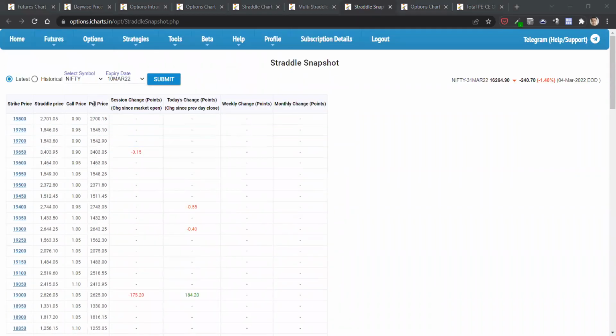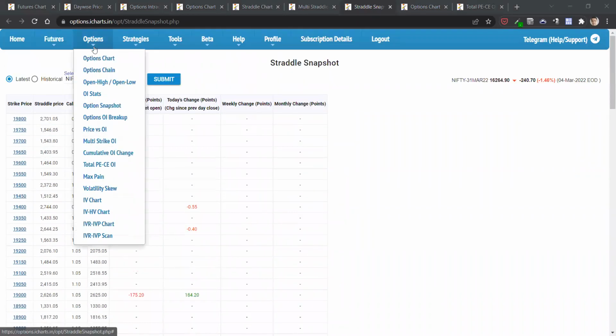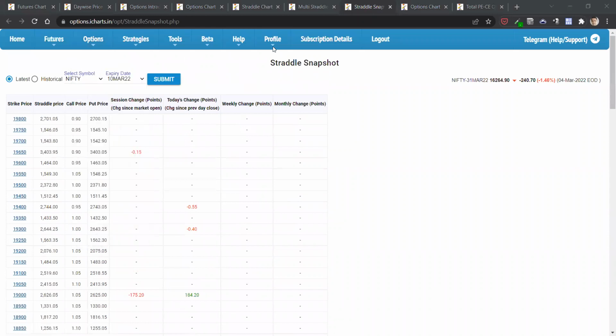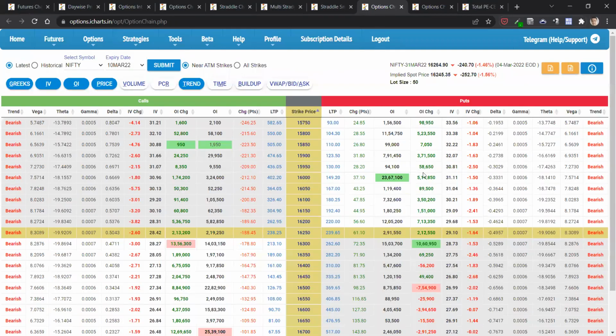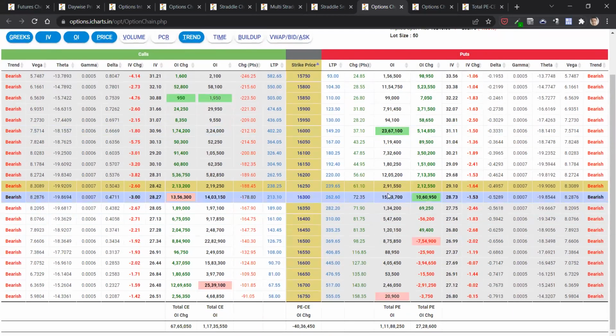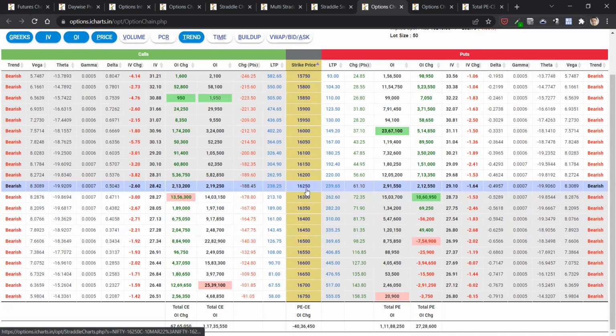Now for strangles, it is a totally different question altogether. For strangles, generally you would take at the money in the morning, and add up the last trading price, the straddle price. Straddle is around 460, 70 something, 470.